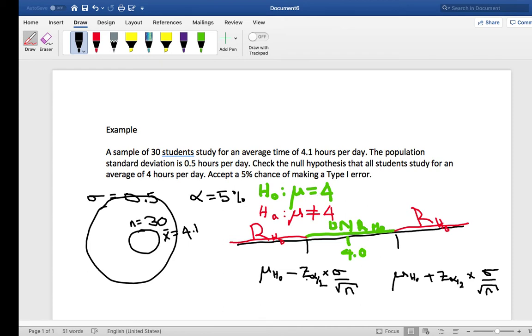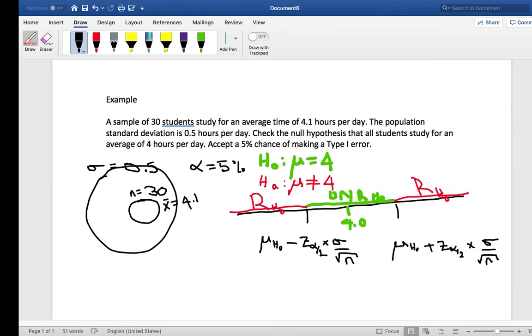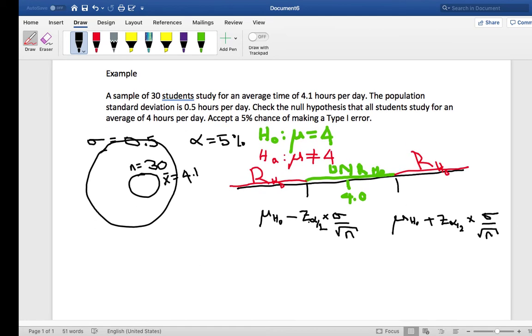Z of alpha over 2 is going to be Z of 2.5%, which we're going to have to calculate in a second. Sigma, we're told, is 0.5, and the sample size was 30. So the only thing that we really need to work on a little bit is Z of alpha over 2.